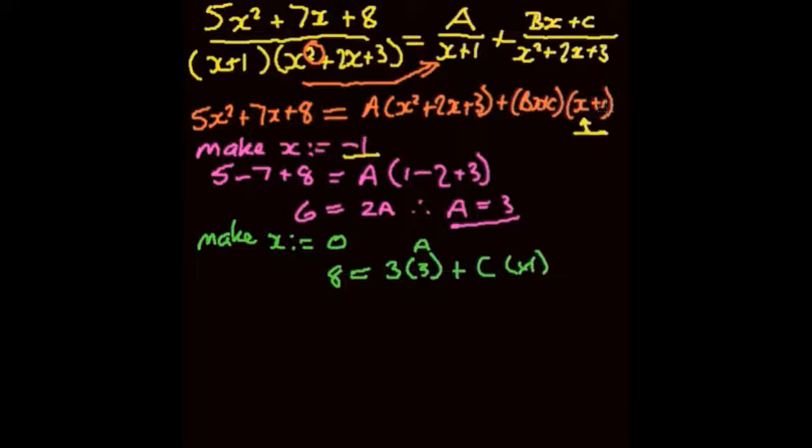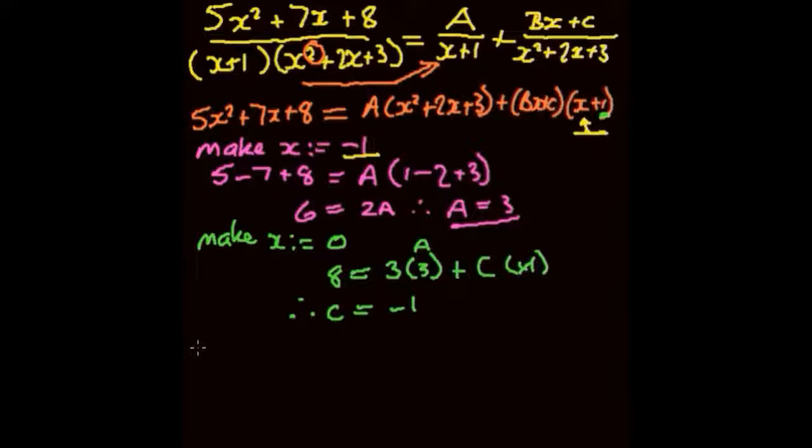And that 1 comes from that one just there. So I've got c, because that x there is 0 and that x there is 0, so I've got 0 plus c times 1. Again, pause the video, but you should find, therefore, that c equals minus 1.